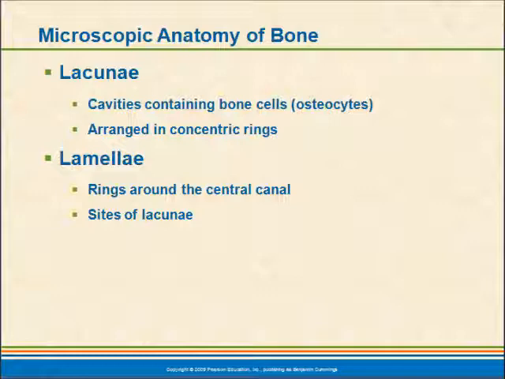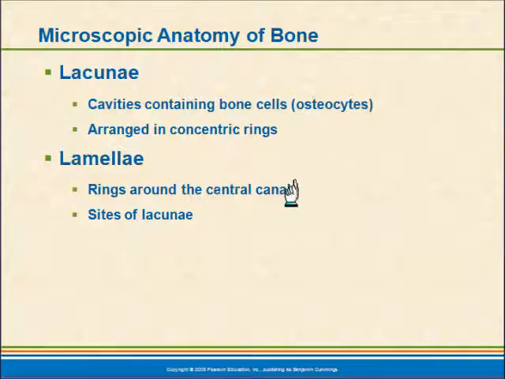You should know the definitions of all of those words. Now, lacunae are cavities within bone that contain bone cells, specifically the cells osteocytes, which are sort of maintenance cells. The word lacunae means small lake, and the lacunae are arranged in the rings formed by the lamellae.